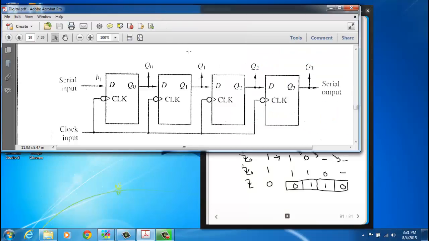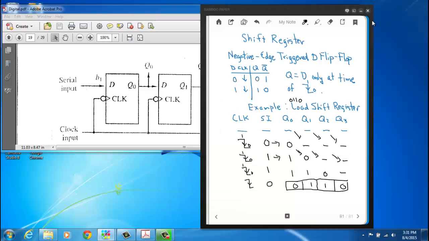Now you can have shift registers that hold more bits, just like you can have counters that have more bits, and just like with the counters, with registers each flip-flop holds a bit. So an 8-bit shift register would have 8 flip-flops, just like a counter that has 8 bits would have 8 flip-flops. There's a flip-flop per bit.